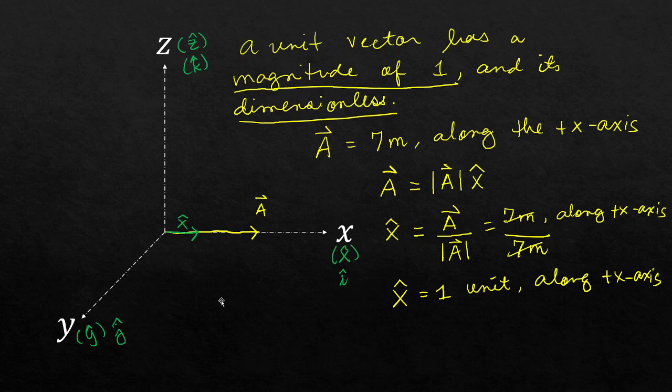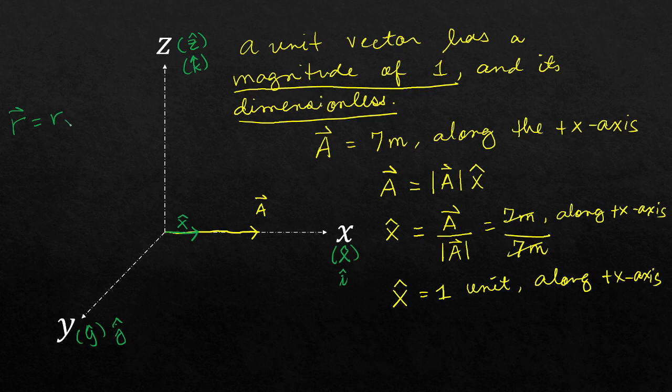So generally speaking, we can express vectors in three-dimensional space. Just to give you a glimpse, if we have a position vector r, we can represent r in three dimensions using the unit vector form.